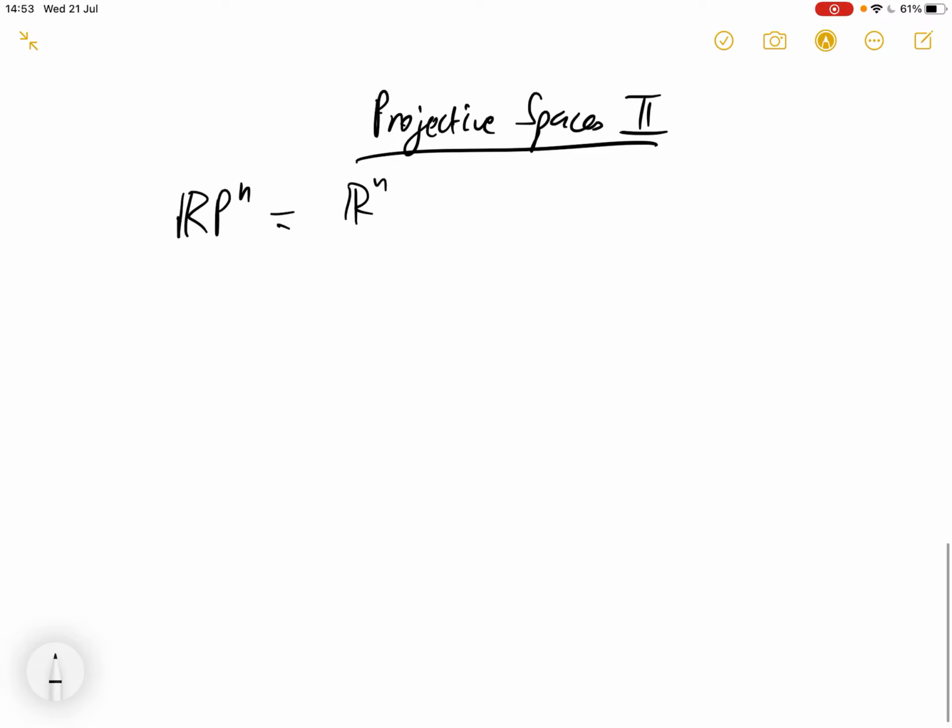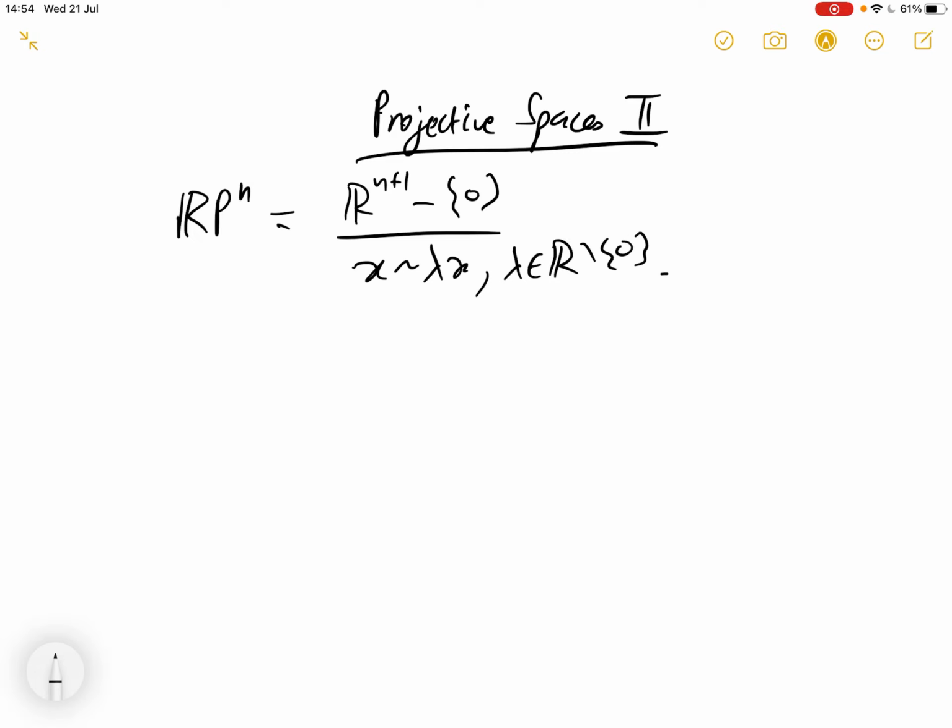So RP^n is a quotient of R^(n+1) without the origin, where points on the same line are said to be in the same equivalence class.